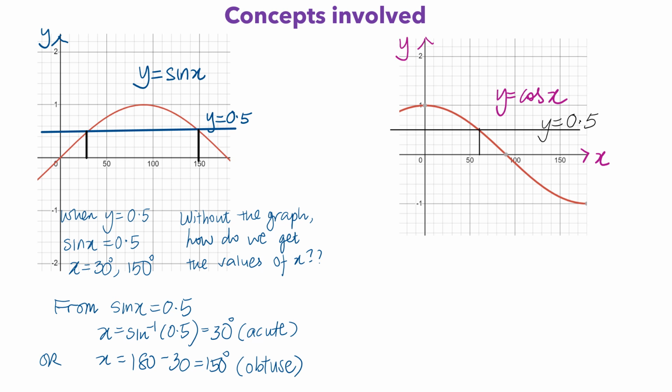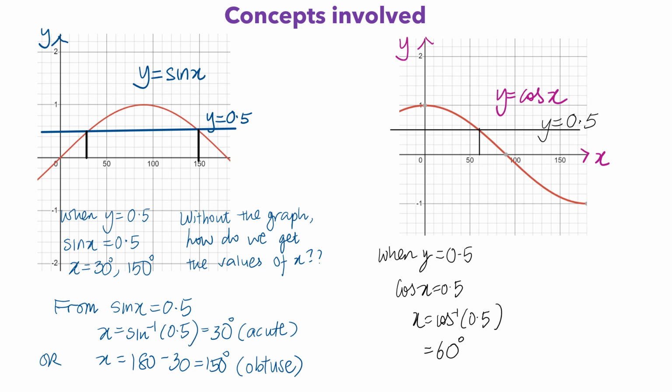If you use a calculator, you press cosine 60, you get 0.5. Which is an acute angle. So between 0 to 90, which is acute angle, the cosine of any angle between 0 and 90 will give you a positive value.